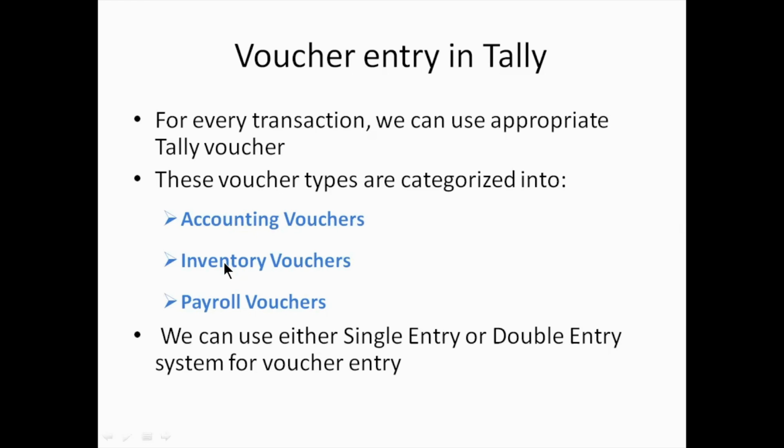If our company is a manufacturer or trader, we will use inventory vouchers, and payroll vouchers are used for payroll entries. So these are the basic three categories of vouchers.